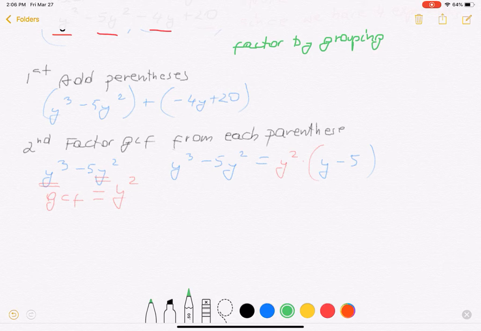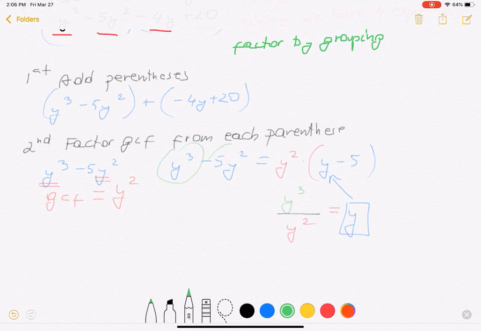And again, I'm reviewing work. The way I teach you, take the first expression, y to the third, and divide that by the GCF, which is y squared, and that will give you y, and that y goes inside of the parenthesis.